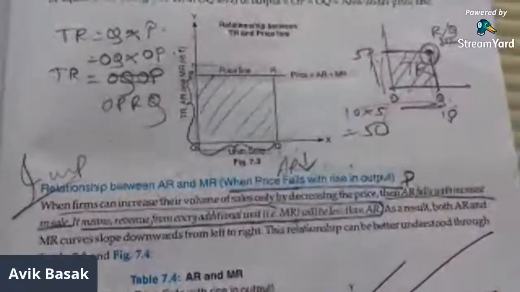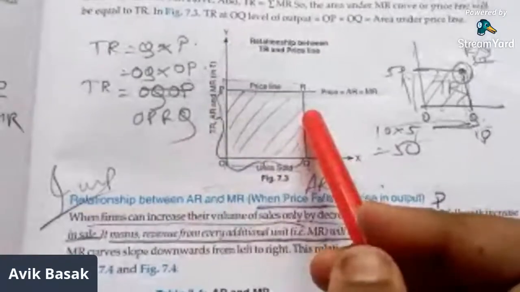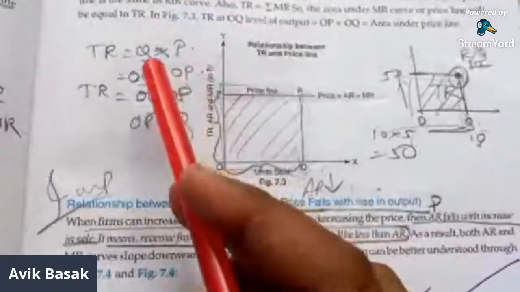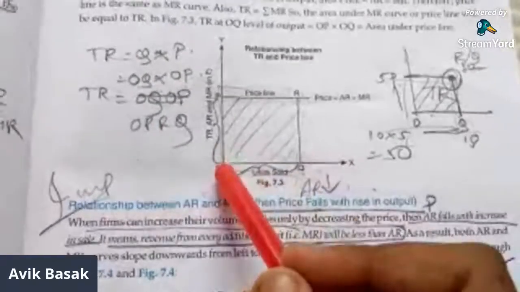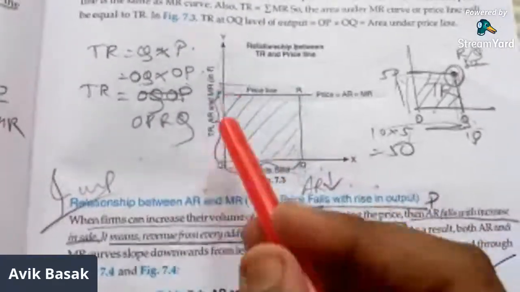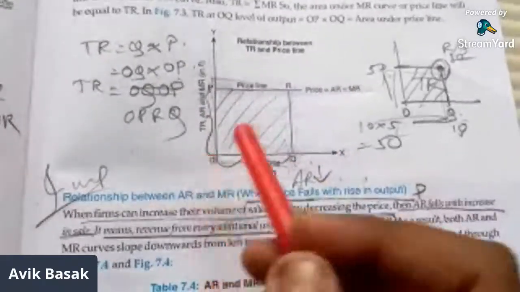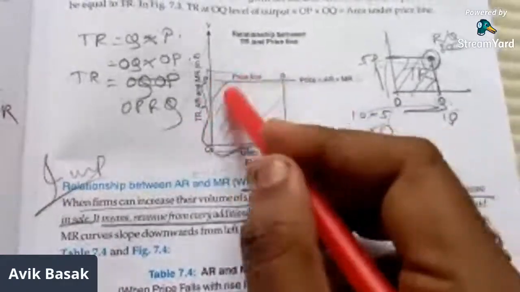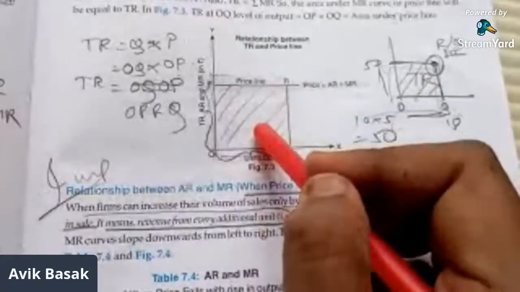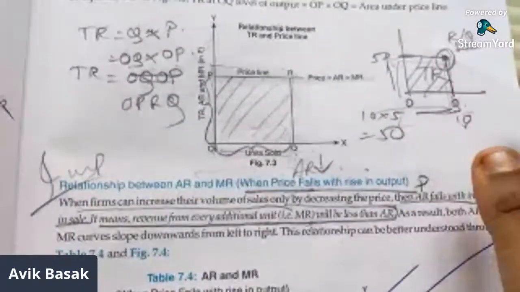OP. So what will be the total revenue, students, in this type of curve? What is the formula? Q into P. What is Q? OQ. What is P? OP. So OPRQ, this area, or the area under average revenue, marginal revenue and price, is equal to my total revenue.